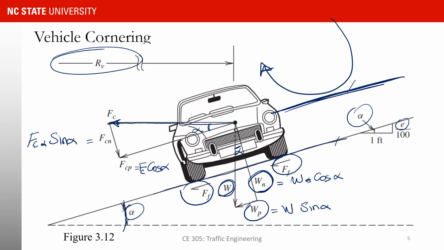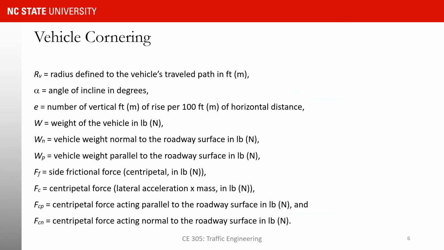Based on that, I want to get to an equation that is going to tell us what RV should be, based on parameters such as super elevation, speed, and other things that we have here. I'm not going to go into everything that you see on this slide, but this is for you so that you know exactly the definition of each of these parameters.